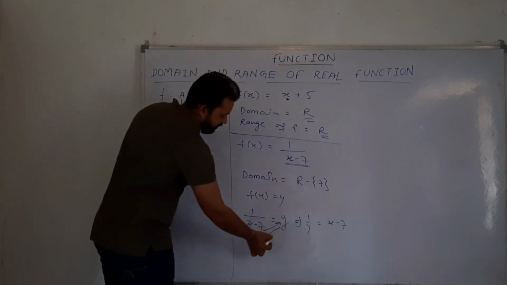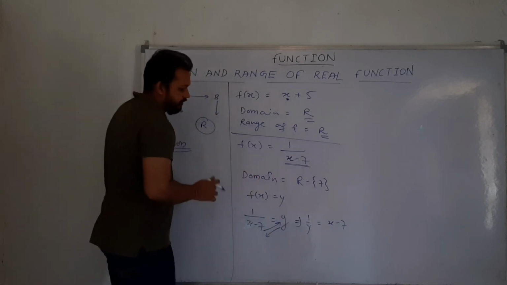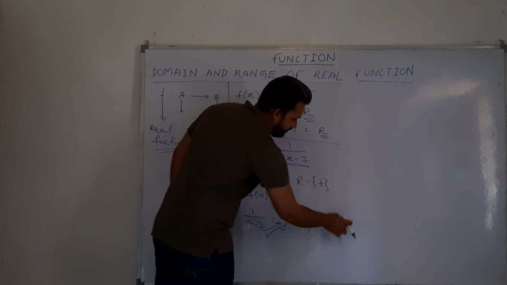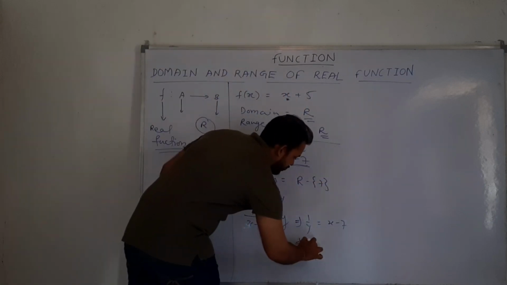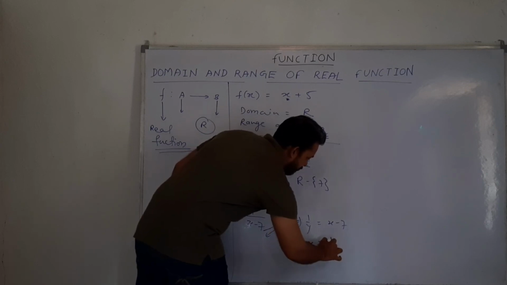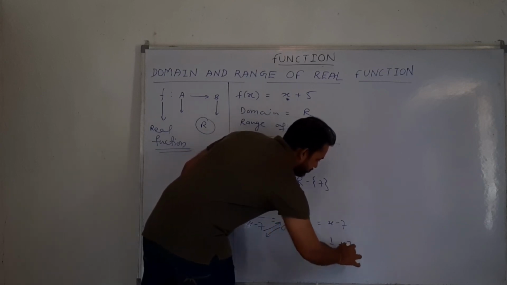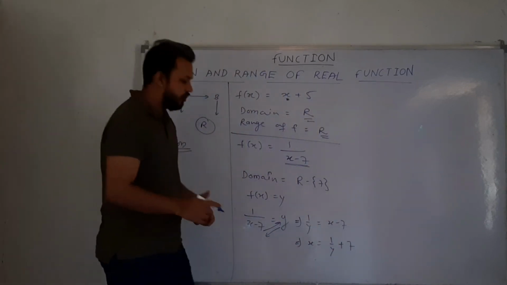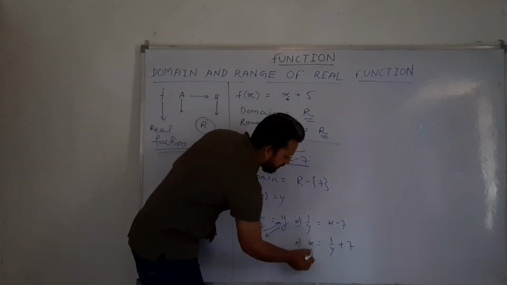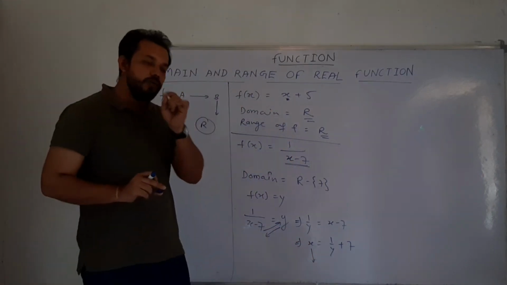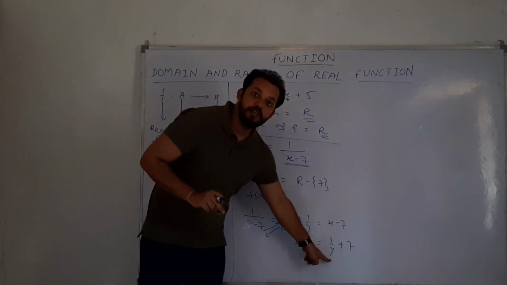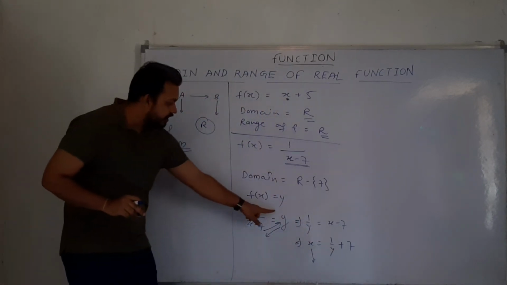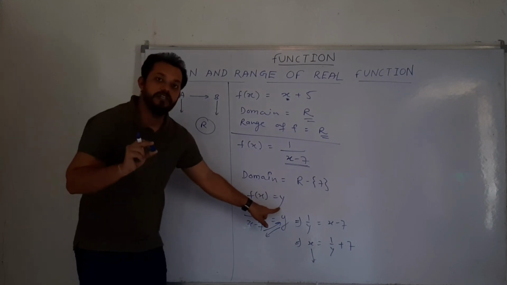y will come down and this will go up, so we will get 1/y = x - 7. Then we can write x = 1/y + 7. So we got the value of x. Now we will find the set of values of y, because y is the range of the function.